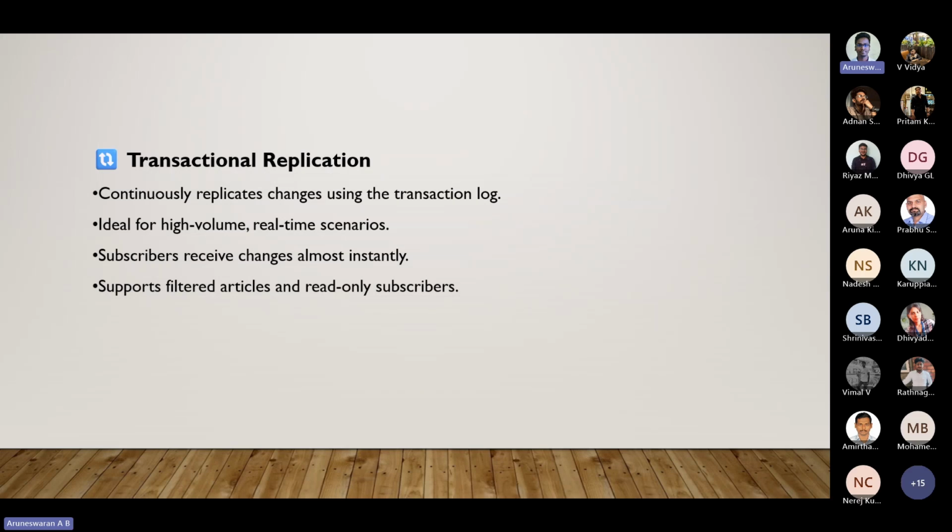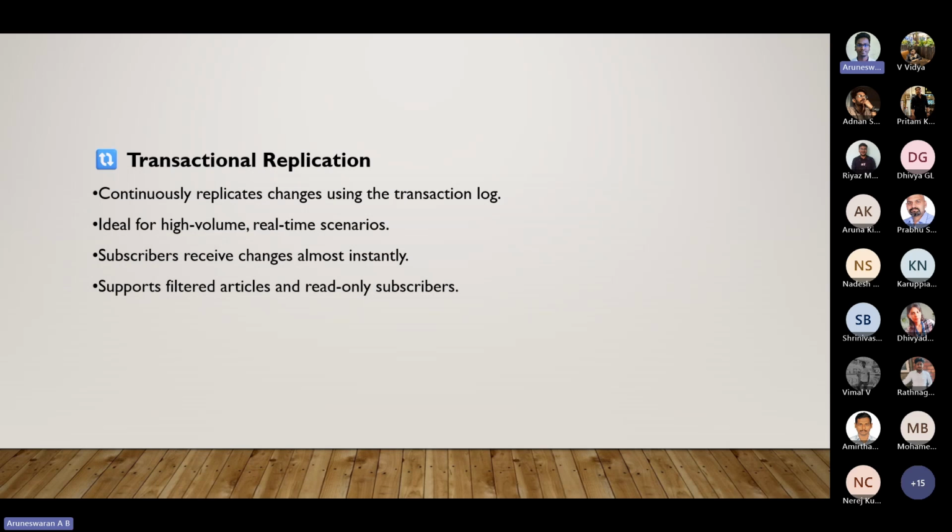The third point is that the subscriber receives the changes almost instantly. Here, the subscriber will receive the changes in almost real-time syncing. There may be some latency here also, but we can sync the data from publisher to subscriber. The fourth point is support for filtering articles and read-only subscribers.